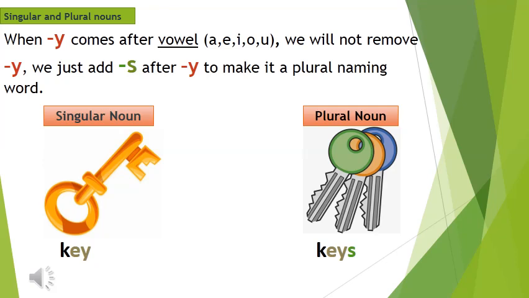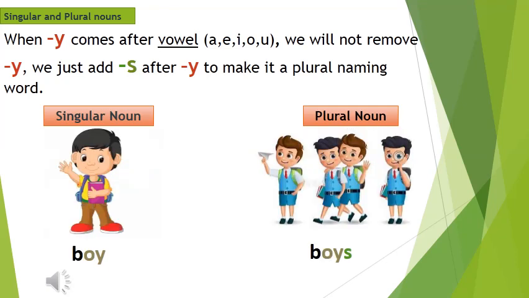We will just add S and it will become keys. Boy. We will just add S at the end of boy because Y comes after O and O is a vowel. So the plural noun of boy will be boys.